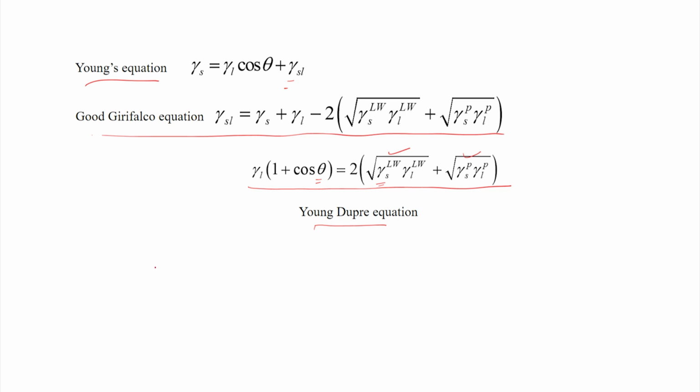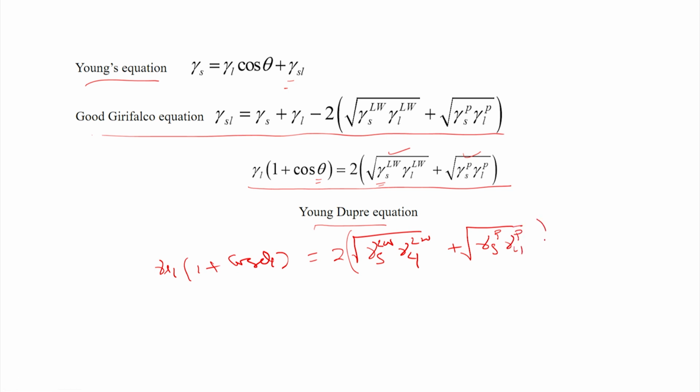So you will have gamma L1 into 1 plus cos theta 1 equal to 2 into square root of gamma S LW times gamma L1 LW, plus the square root of gamma SP and gamma L1P. And for the second liquid, L2, 1 plus cos theta 2 is equal to 2 into square root of gamma S LW times gamma L2 LW, plus the square root of gamma SP and gamma L2P.